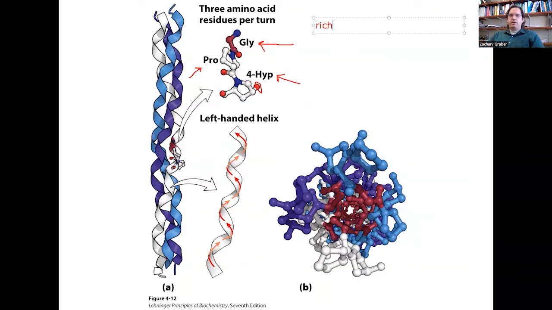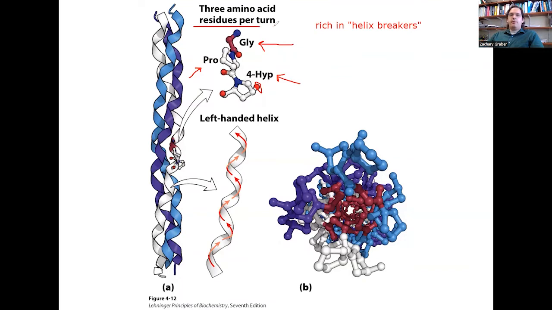So this is rich in helix breakers. And our helix breakers, of course, are called that because they don't like to adopt that normal alpha helix configuration. But the very features that make them bad for an alpha helix actually make them incredibly useful here for our left-handed helix.